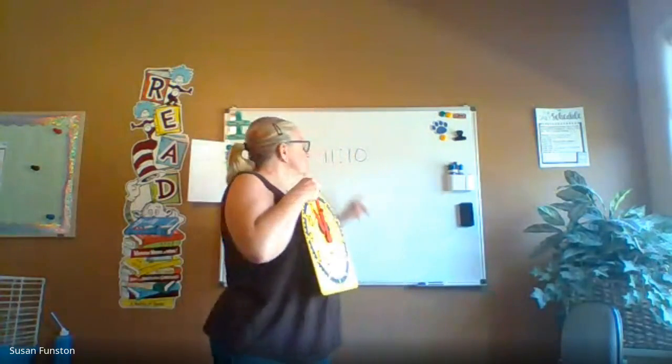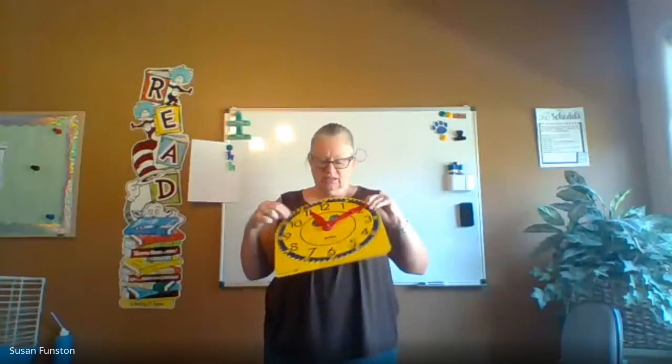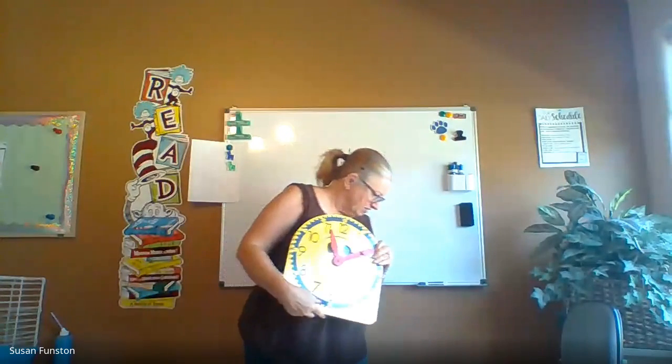So there's 10 o'clock. There's 11 o'clock. Okay, but I want 11:10. So how many minutes after 11 do I want to be? 10 minutes. Let's count by fives. 5, 10. So now I have 11:10. 5, 10 minutes after 11.